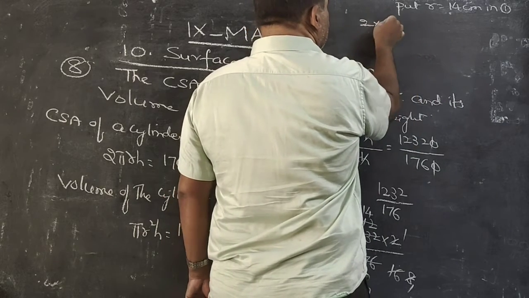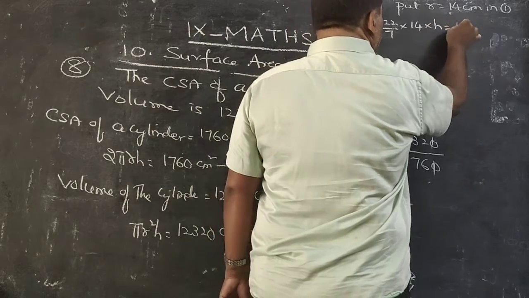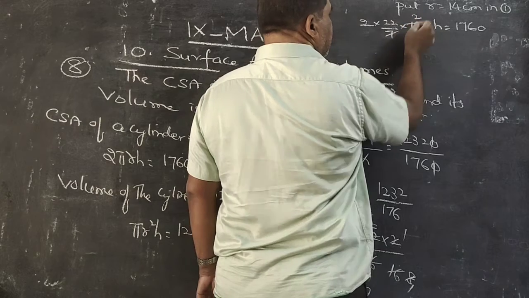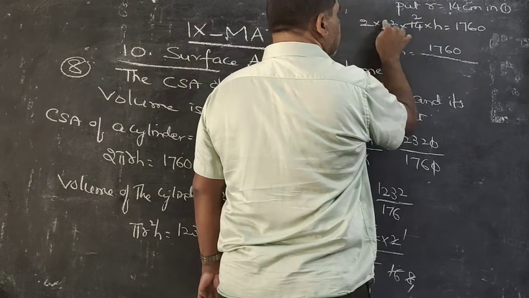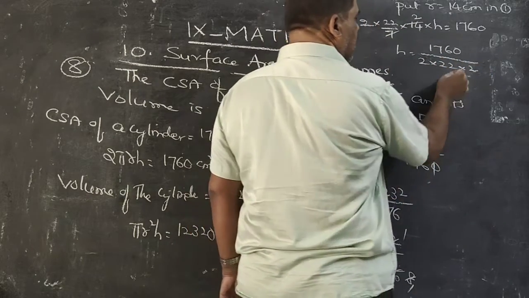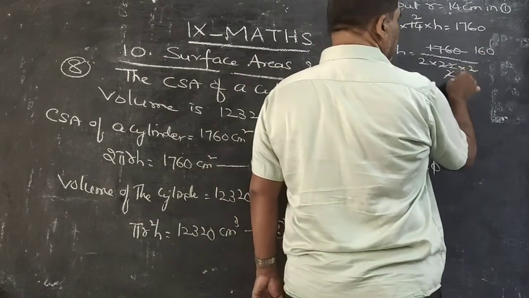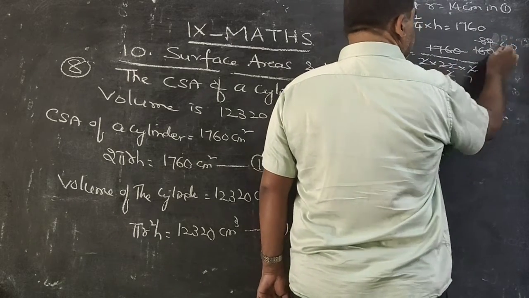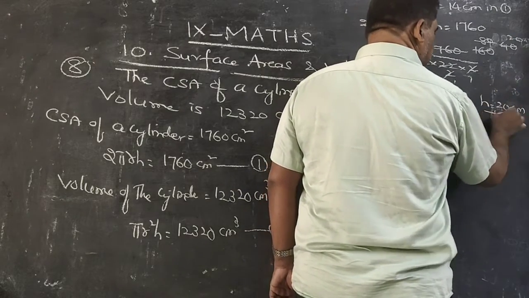First equation is 2 pi, pi is 22 by 7, radius is 14, height we have to find, it is 1760. 7 ones are 7, 7 twos are 14, so height is equal to 1760 by 2 into 22 into 2. 11 twos are 22, 11 ones are 11, 11 sixes are 66. 220. So height of the cylinder is 20 centimeters.